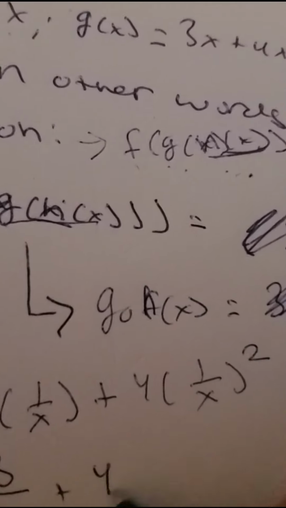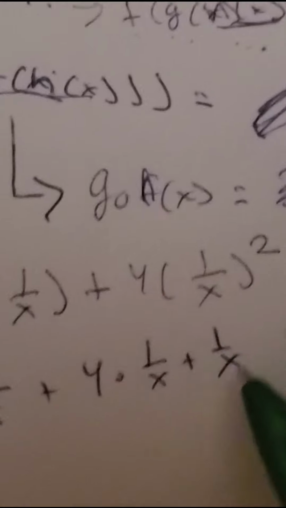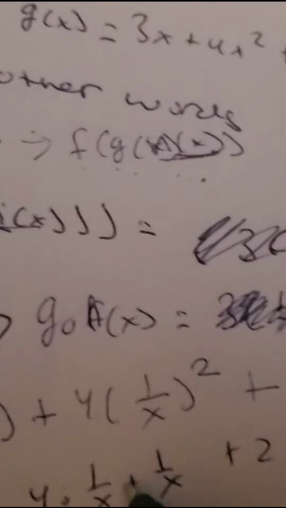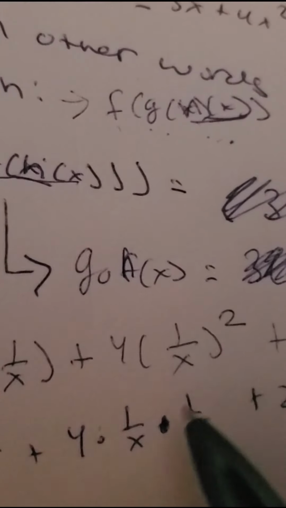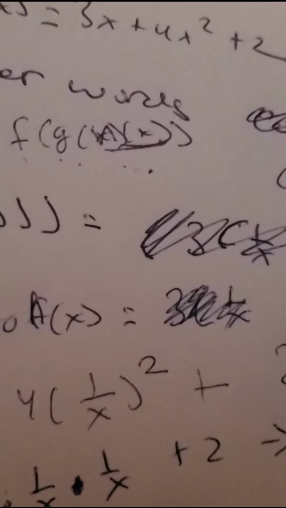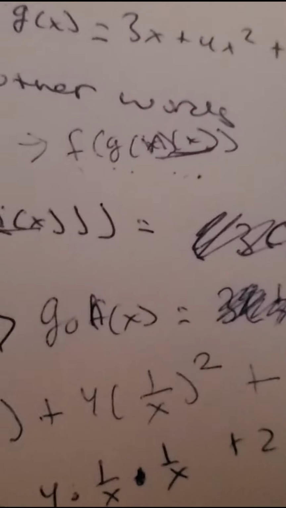Multiplying fractions, 4 times 1 over x times 1 over x creates a 1 in the numerator and x squared in the denominator, times 4, so it'll be 4 over x squared. So we have 3 over x plus 4 over x squared plus 2.